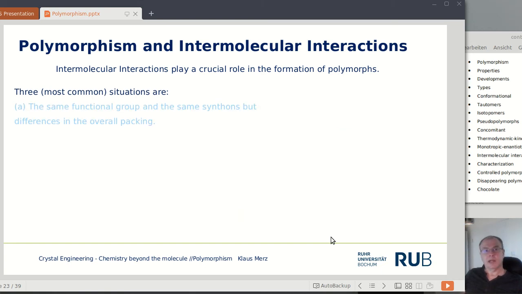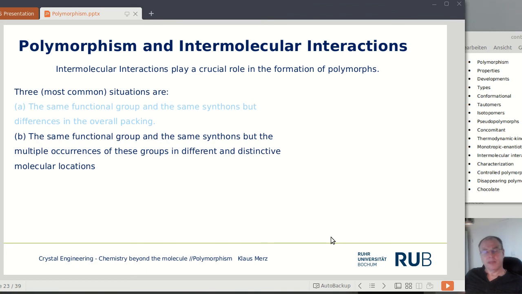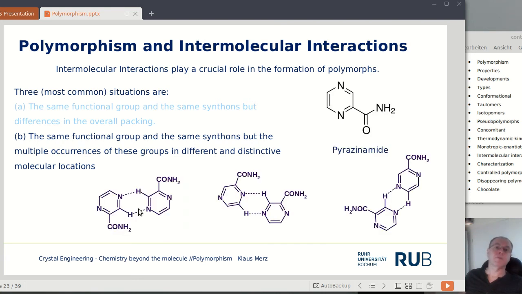The second type is where we have the same functional group and the same synthon, but not always the same occurrence, multiple occurrences of these groups in different and distinctive molecular locations. Have a look, we are looking at pyrrocene amide. This is on a backbone with two nitrogens inside the aromatic backbone. We have here the amide group that's attached.